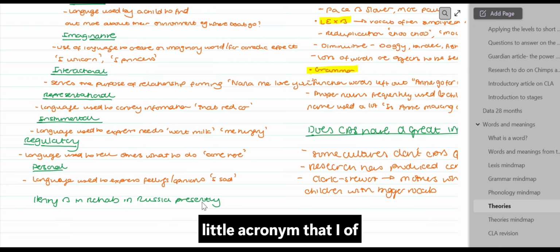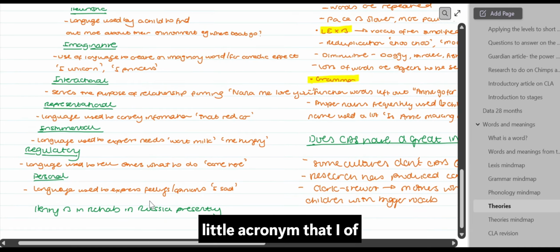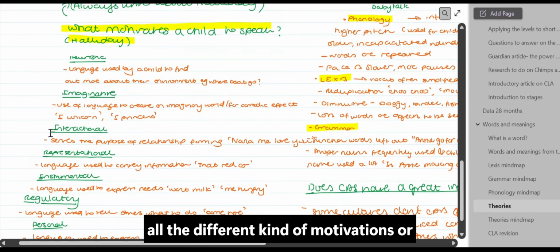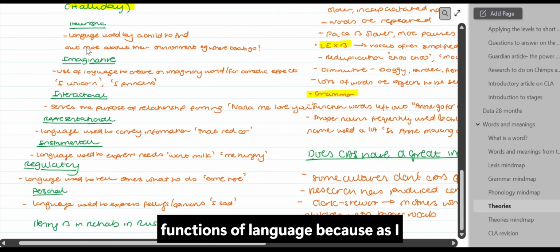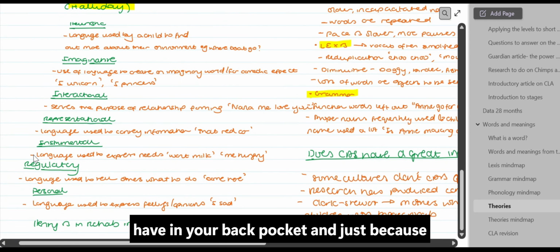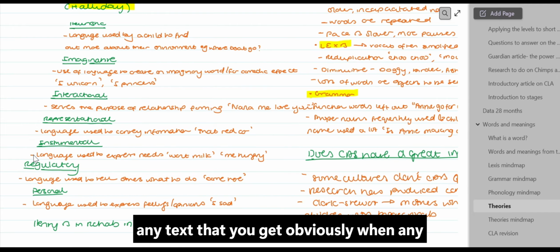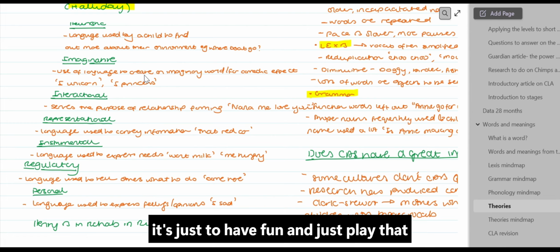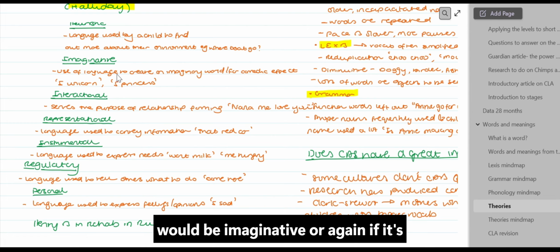And then this is just a little acronym that I made up to try and remember all the different motivations or functions of language, because as I mentioned, this is a really nice one to have in your back pocket. Any text that you get, when any conversation is being had and the child is speaking, there will always be a purpose to why they're talking, even if it's just to have fun and play, that would be imaginative.